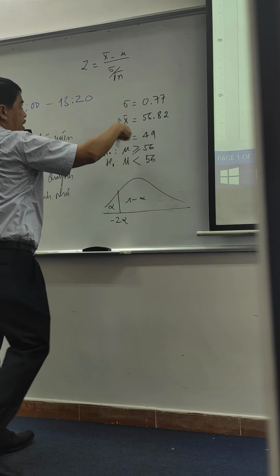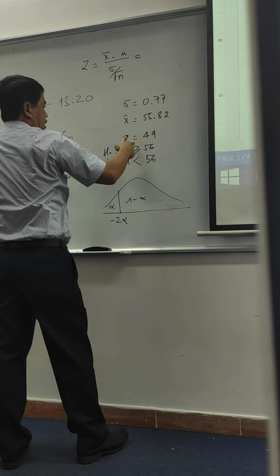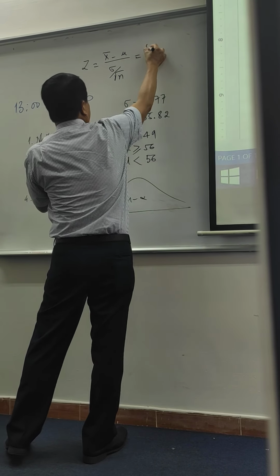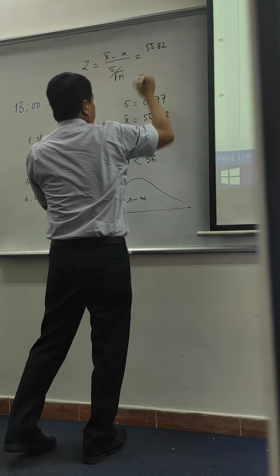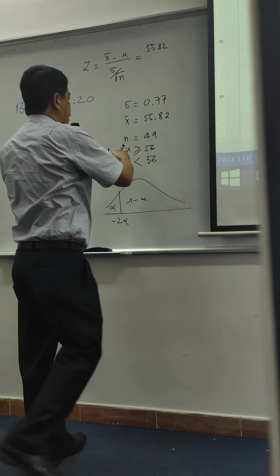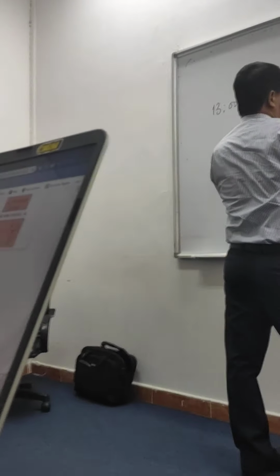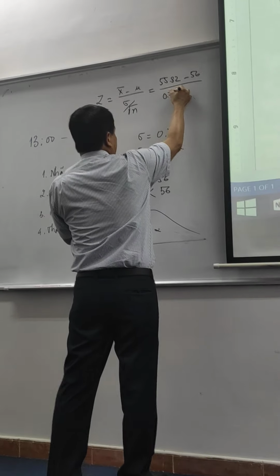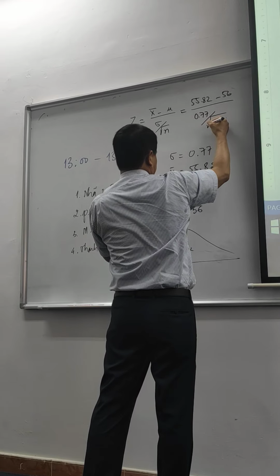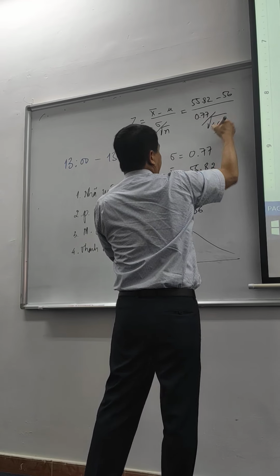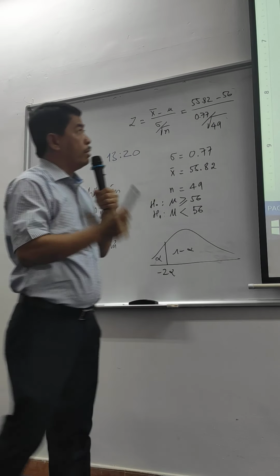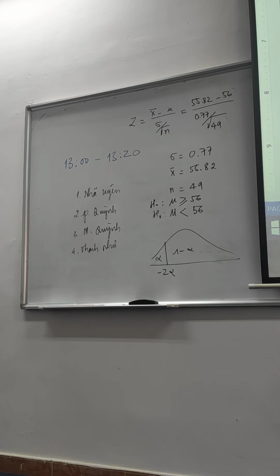Substituting the values we have: 55.82 minus mu, which is 56 in this case, divided by 0.77 over the square root of 49. And then we have a value of negative 1.63.